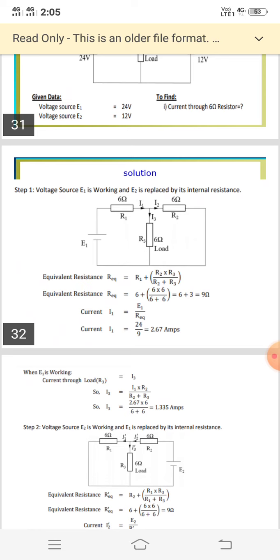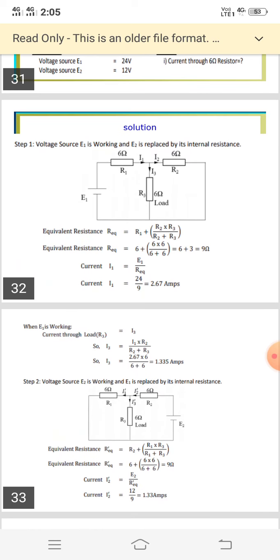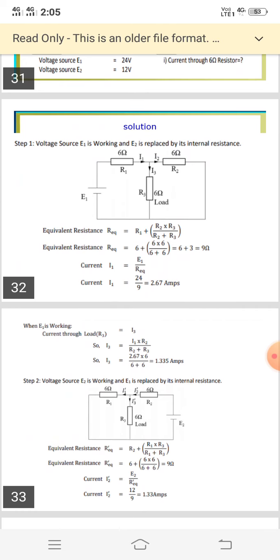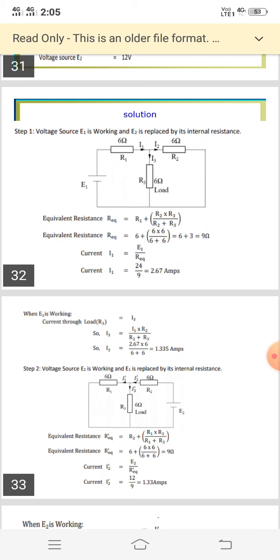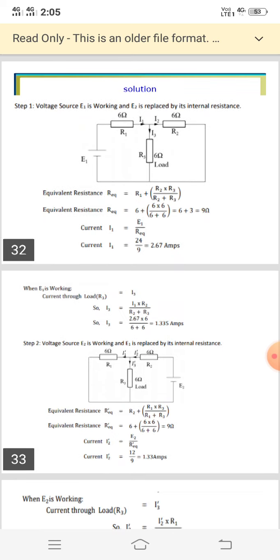Okay, we find I3 according to the current division rule. The current division rule is, if you want to calculate I3, you leave out the R1 resistor, and we take the I1 current from the E1 source. So I3 = I1 × R2/(R2 + R3).